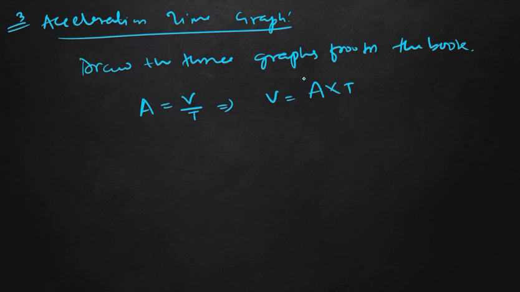All the questions are MCQ. The first question: a graph is a straight line parallel to the time axis in a distance time graph. From the graph it implies the body is... All the graphs have been discussed. The slope of a displacement time graph: if you find the slope of a displacement time graph, what will you get?